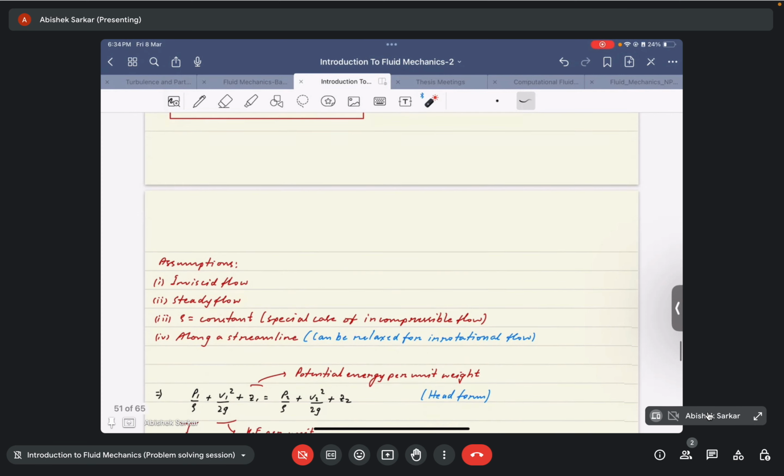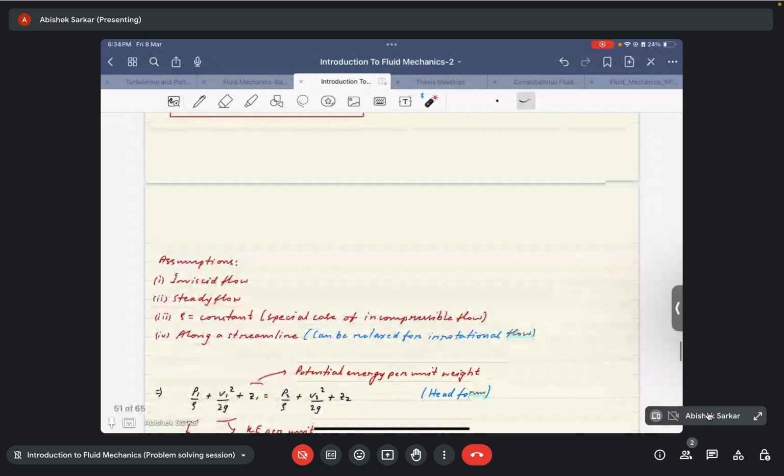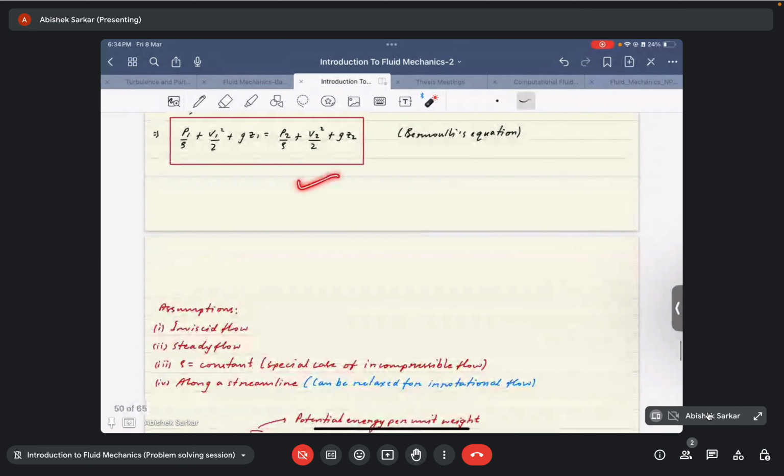Along with these assumptions, if the flow is irrotational as well, then we can apply this form of the equation between any 2 points in the flow field. This is very important, and I guess we will even discuss similar problems in this week's session, but still I hope you remember it.